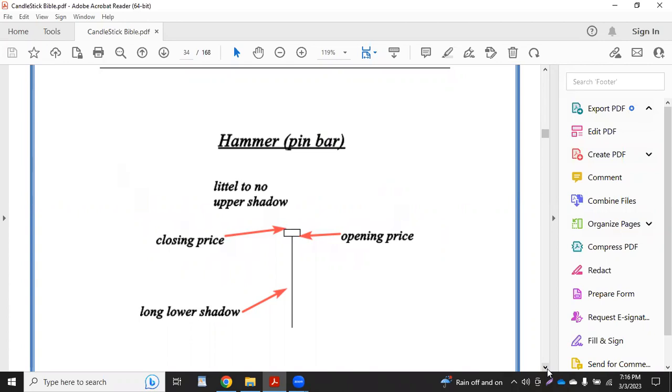And also when this kind of candle forms around a support structure, a support zone, this tells you that a lot of buy volume is coming in at that time. So let's understand this candle. Look at this candle. The wick of this candle, you can see how long it is.